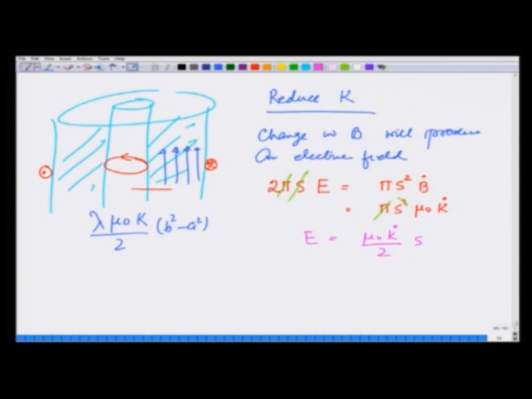So, electric field at the inner cylinder surface is going to be mu 0 over 2 k dot A, and E at the outer cylindrical surface is going to be mu 0 over 2 k dot B. However, the inner surface has charge plus lambda, the outer surface has charge minus lambda, and therefore, the forces are going to be in different directions.